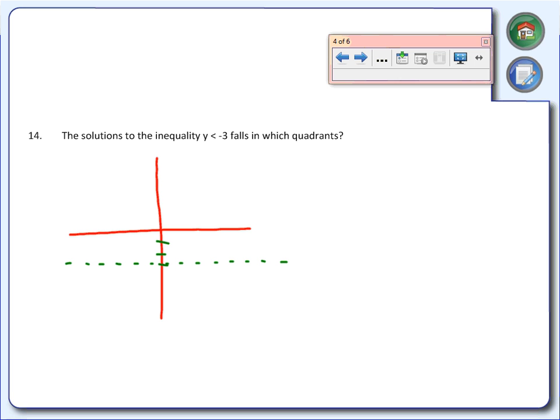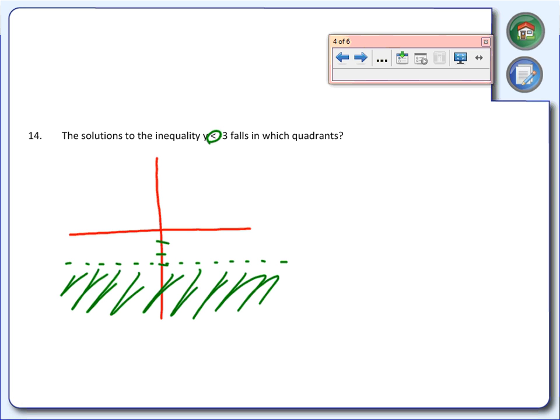And because it says less than, I need to shade in which direction, the top or the bottom? Less than. Top or bottom? Bottom. We're going to shade to the bottom. This is where all the solutions are at. That's what the graph of y is less than negative 3 looks like. So the question is the solutions. Which quadrants are they in? Where are all the answers at, guys?